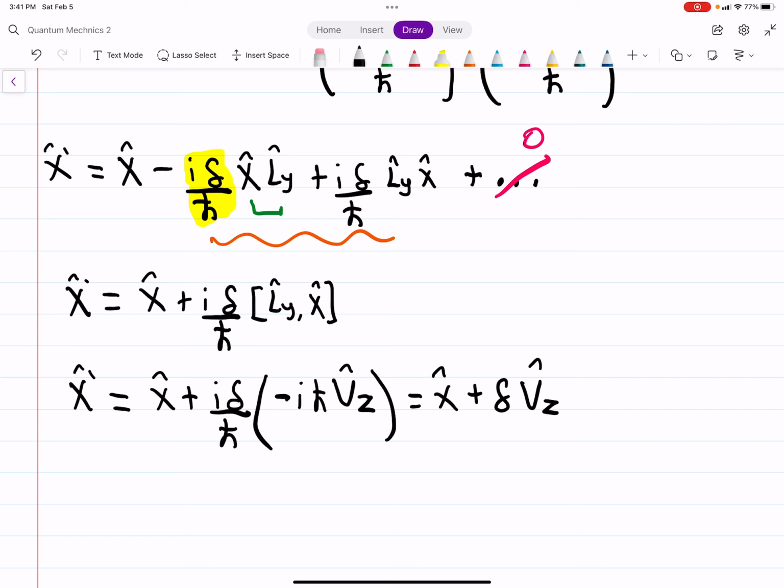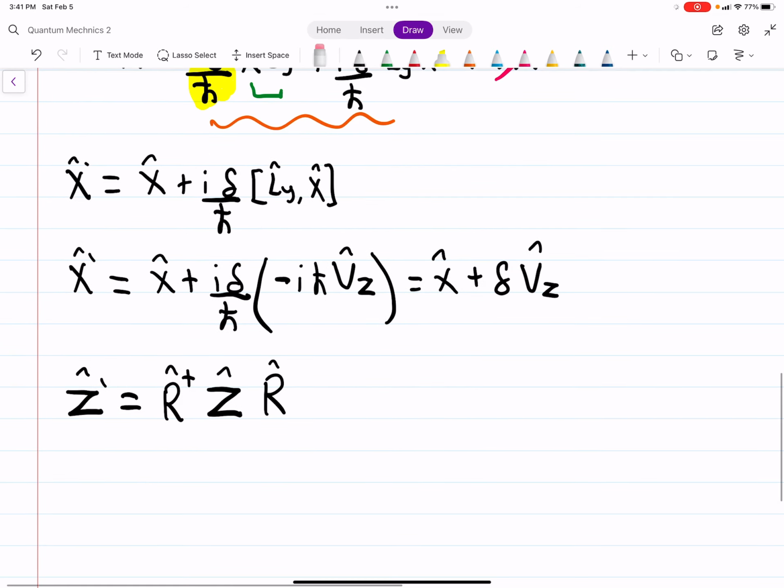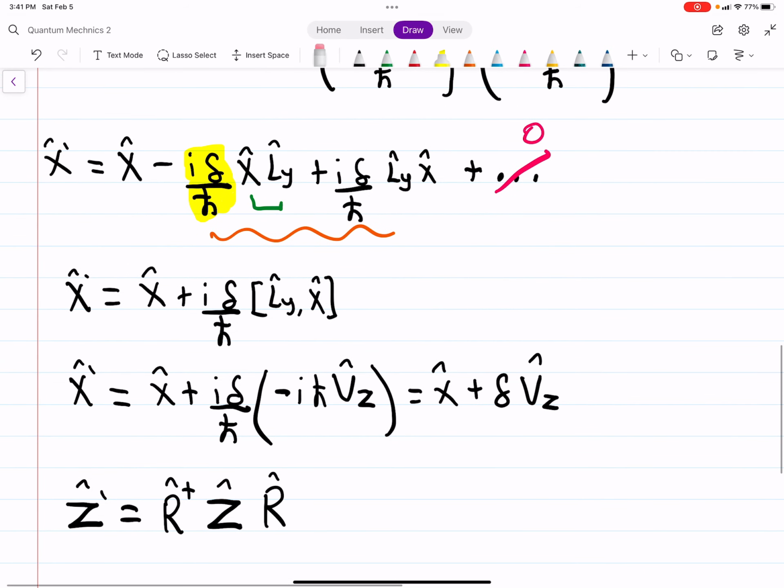Okay, y component we've already done, and there's really no difference between that and what we're going to do for the z component. It's actually basically the exact same thing. So I'm going to skip a lot of steps because it didn't really matter if I treated this as x or z or whatever.